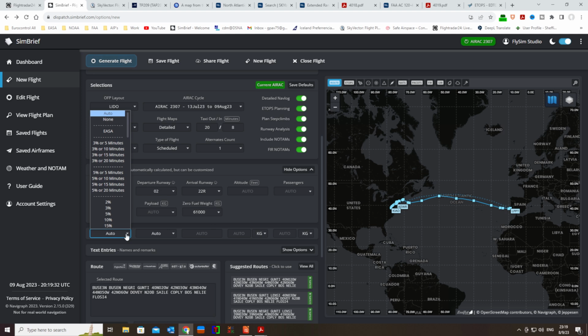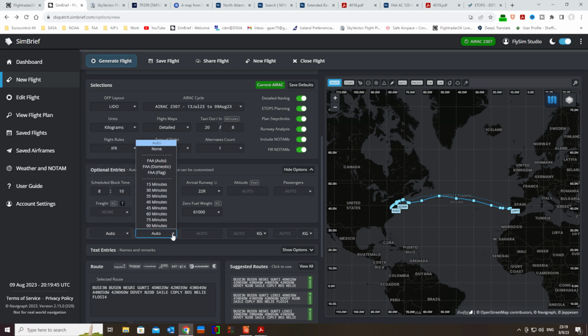Now, we're going to consider ourselves as, you see, the 3% is if you use an ERA, which with SimBrief I cannot do. When I had the PFPX running, you could actually plan your flight plan with ERA also.